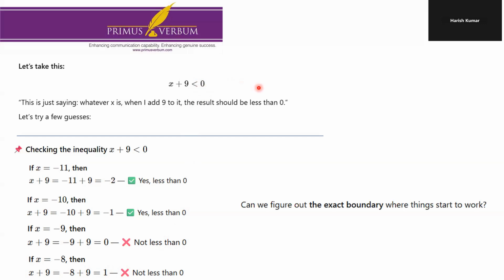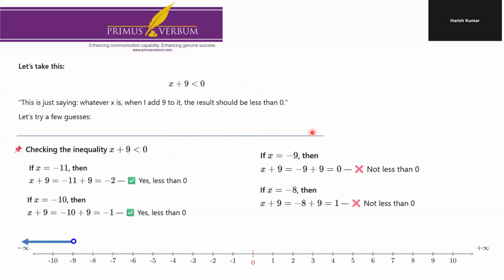So can we figure out the exact boundary where things start to work? Yes, it's between minus 9 and minus 10. Okay, so things start to work somewhere starting from minus 9.1, or even more precisely minus 9.00001.